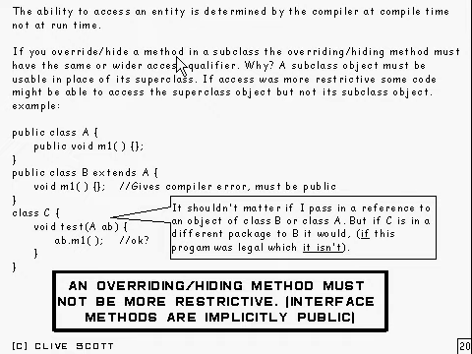Now, if you override or hide a method in a subclass, then the overriding or hiding method must have the same or wider access qualifier. And normally you keep it the same. So the question is, why is that? Well, a subclass object must be usable in any place where you can require a superclass object. Okay, that's a basic principle.